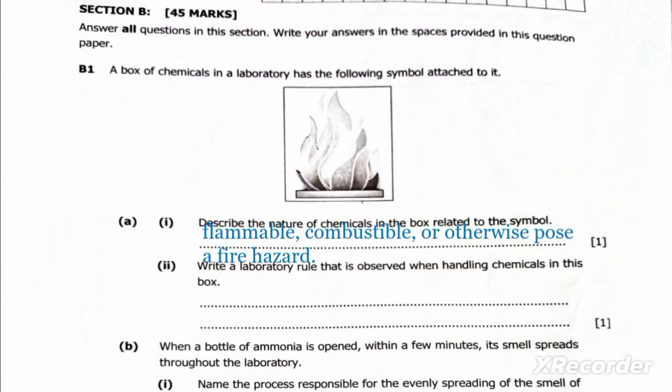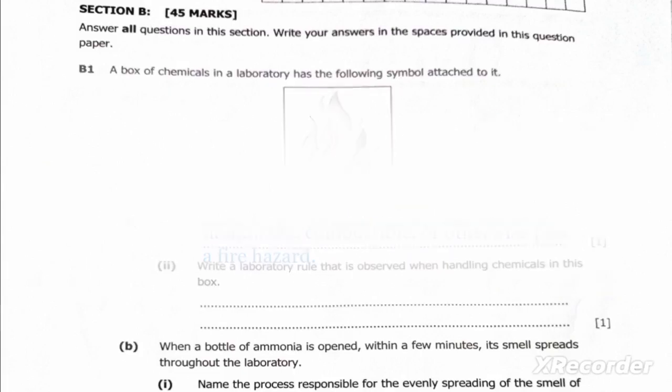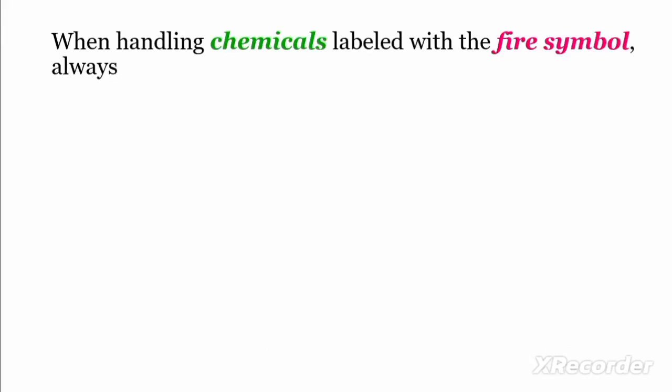Let us move to the next question, which is question A, Roman numeral 2. Write a laboratory rule that is observed when handling chemicals in this box. So what laboratory rules do we need to observe when handling chemicals in this box? When handling chemicals labeled with the fire symbol, always prevent ignition sources.